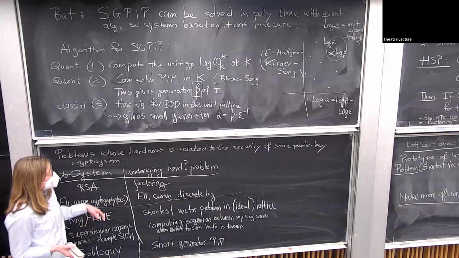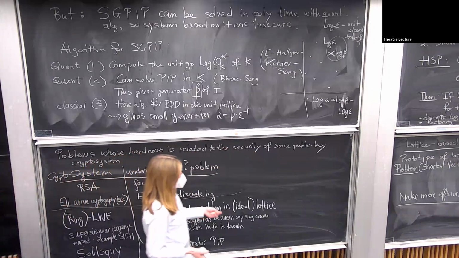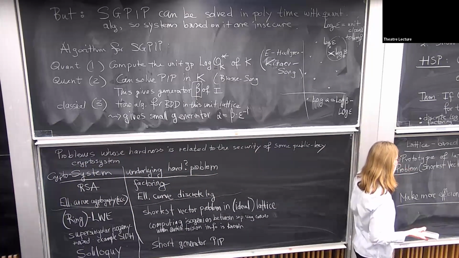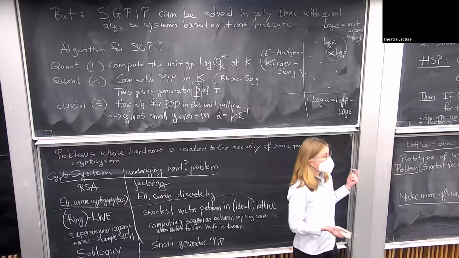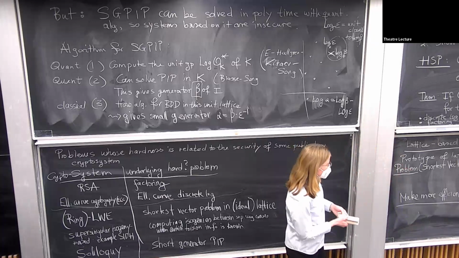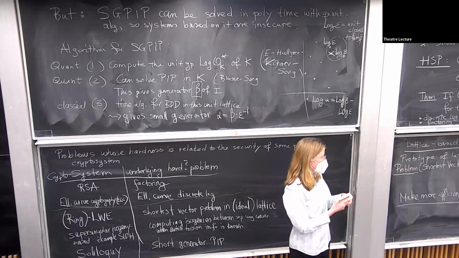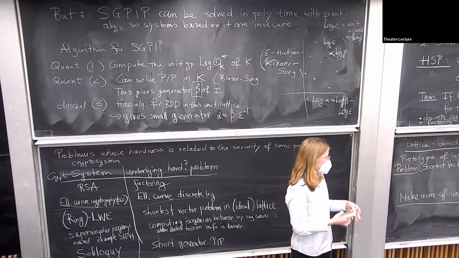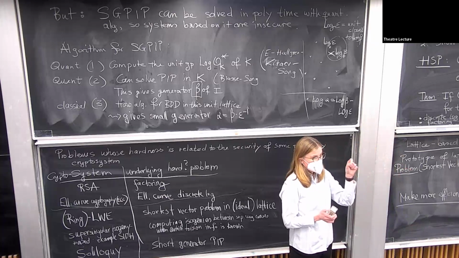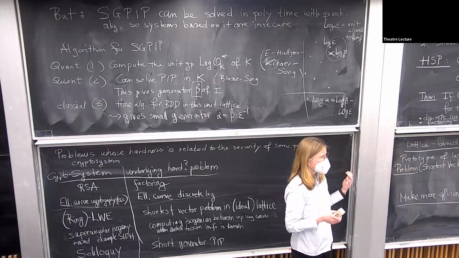So just to say what happens with this unit group, it can be reduced to the hidden subgroup problem over R to the N, where N can now be anything. And the problem there is that we really have to relax our definition of what the hidden subgroup problem is, because we can't even represent points since we have only some amount of precision.